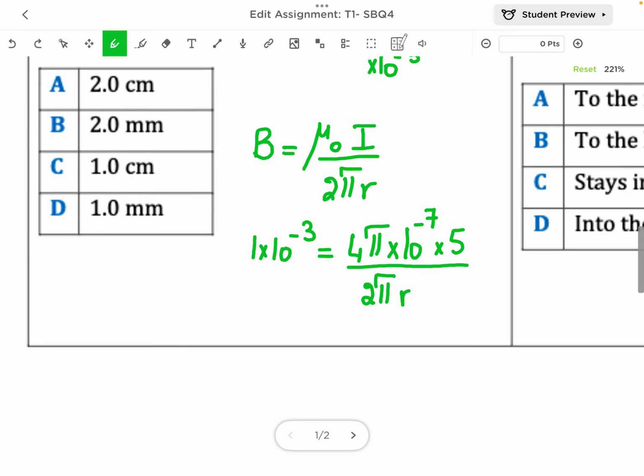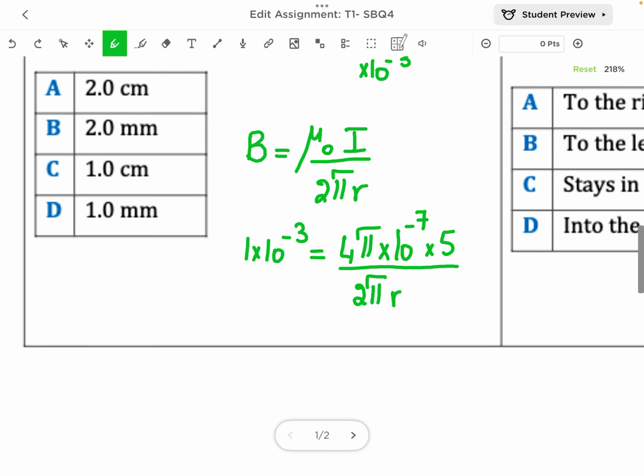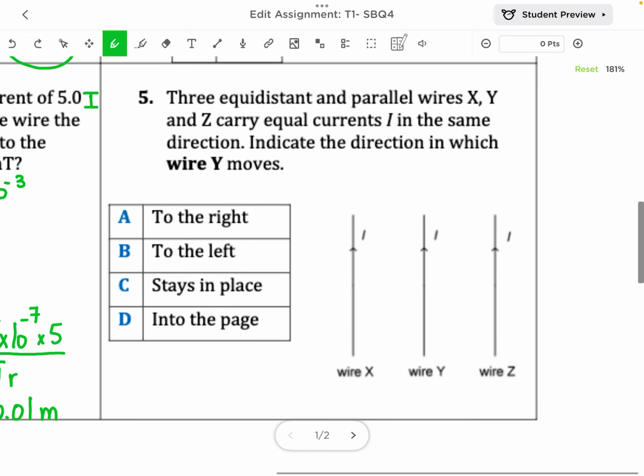Okay, so basically it will be 1 centimeter. So r equals 1, yeah, 0.01 meters, which is 1 centimeter.